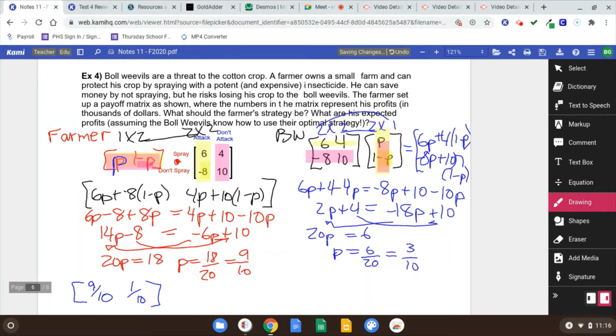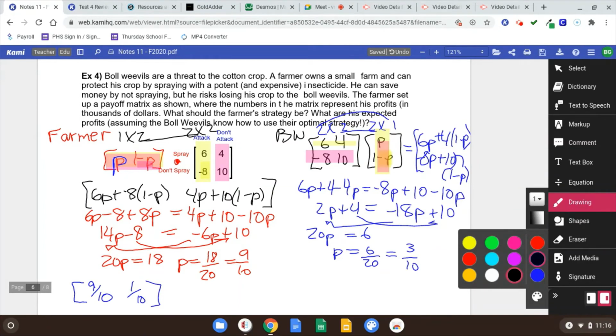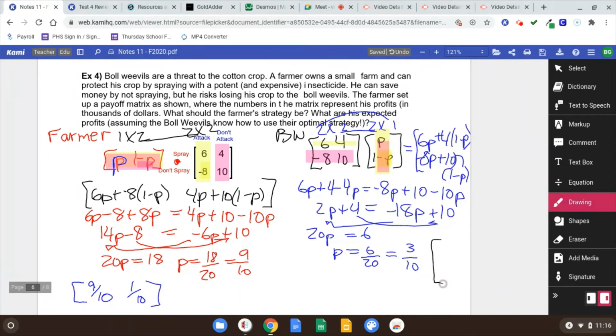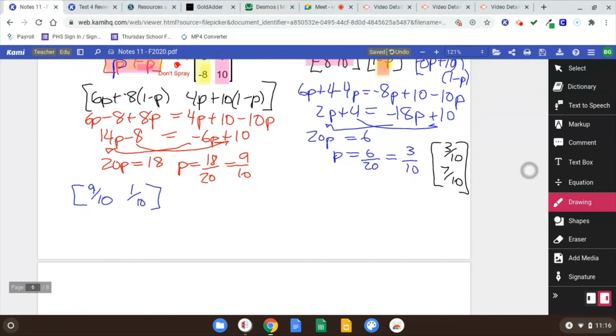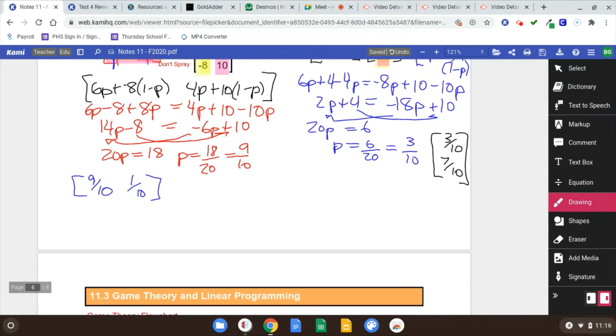So the boll weevil's strategy would be 3/10 and 7/10. Or 3/10 attack, 7/10 don't attack. Attack 3 out of 10 times, don't attack 7 out of 10 times. That would be the boll weevil's strategy. Now we need to find the value of the game.